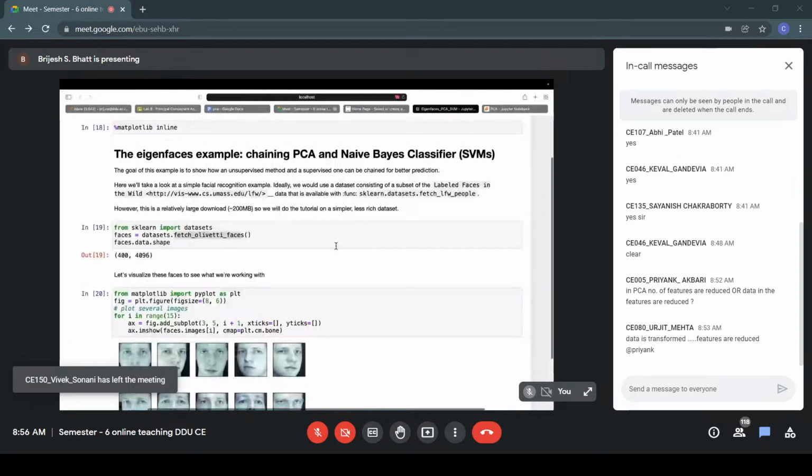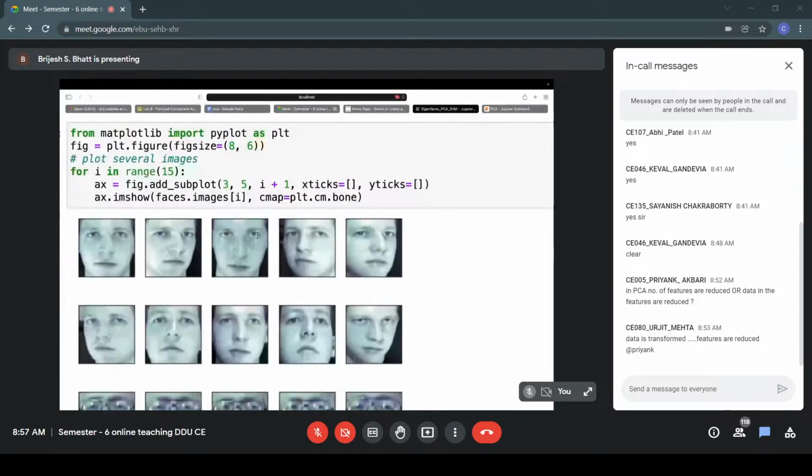So the dataset that we are using here is called Fetch Olivetti Faces. This is a face database available for face recognition applications. So let's see what kind of data set is there. There are all kinds of faces in the data set, as you can see on your screen.